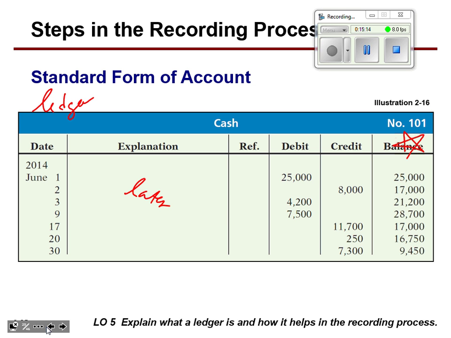That's normal balance. Am I going to put a plus or minus in front of debit? So anytime something happens in the debit column, I'm going to look above plus whatever was happening. So it started with a zero balance. If I have a debit, I look above, plus: 0 plus 25,000 is 25,000.